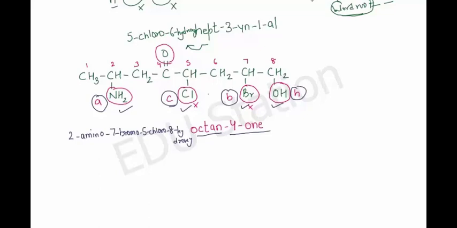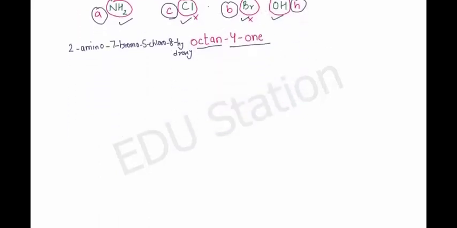Now in case we have an acid, certain groups, they are always at the end. An acid is like C double bond O OH.